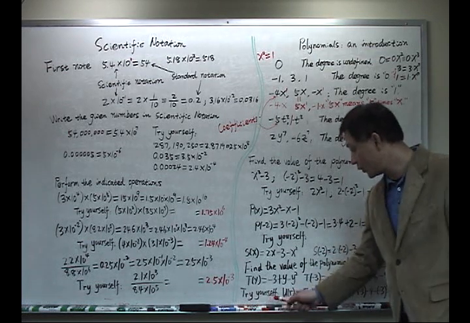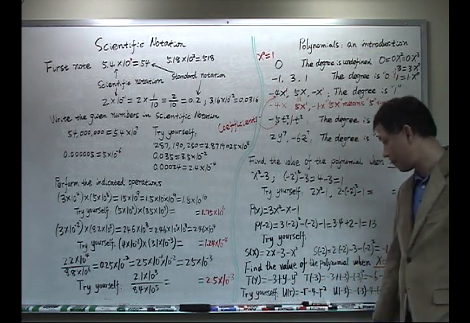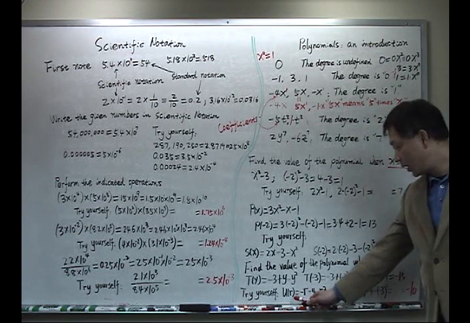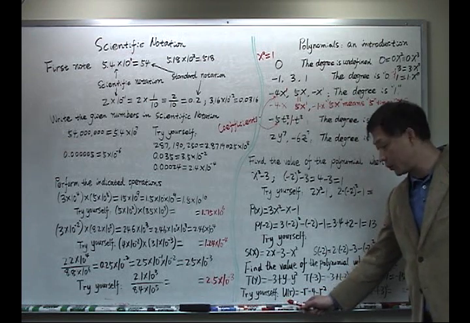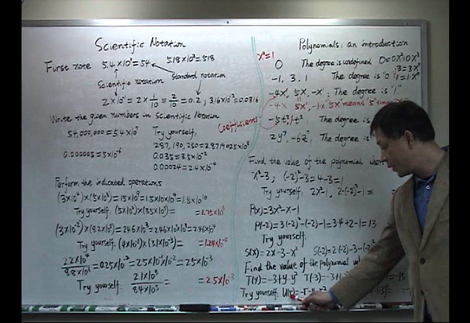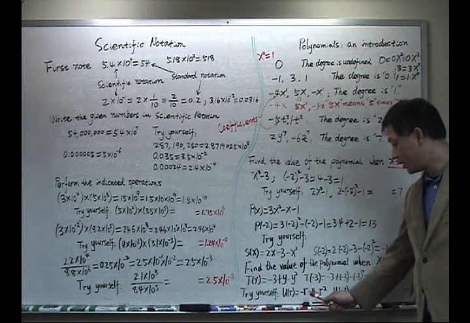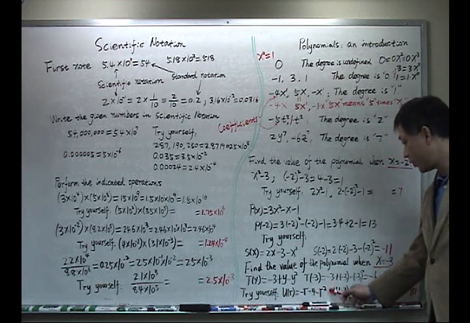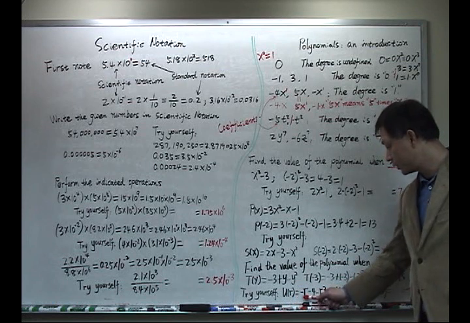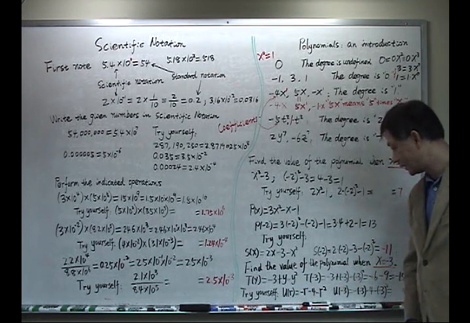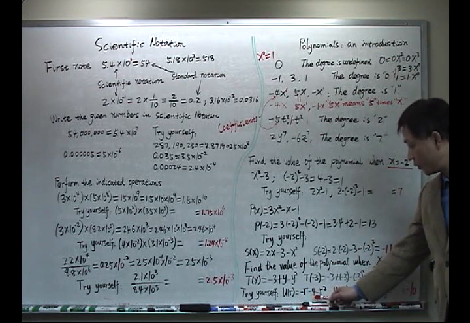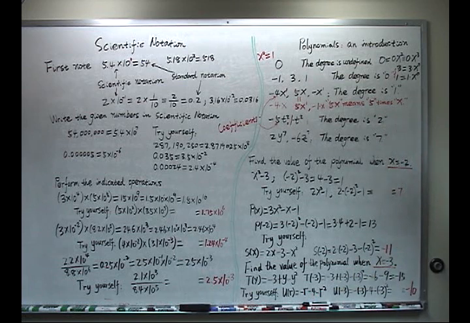Now, try this one yourself. U of R means a polynomial with variable R. So here all the variables in this polynomial are R's. Negative R minus 4 minus R squared.